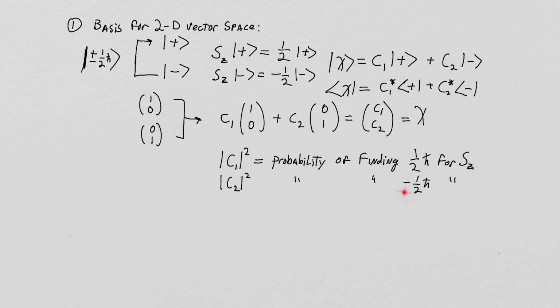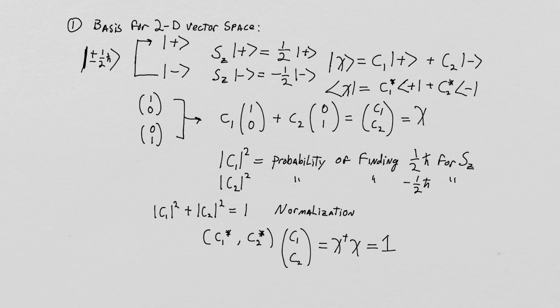So this leads to the notion of normalization, right? And that's true for these guys here in the Dirac formalism. It's true in the Pauli spin 2-component formalism. But the 2-component formalism has a beautiful advantage in that we can write down this normalization equation as a vector equation, as a matrix equation, right?